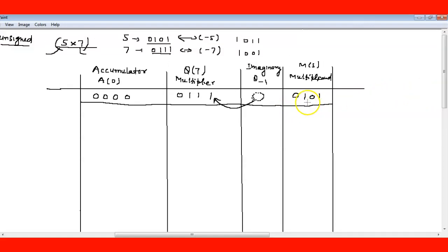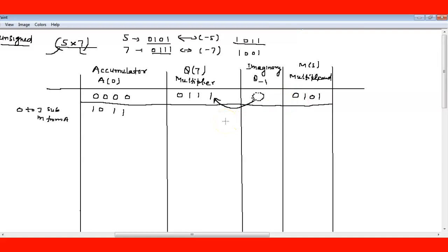So what is this value? This is 5. The second complement of 5 we have already found here: 1 0 1 1. You add it in, and write the comment also: this transition is 0 to 1, so subtract m from A. Subtracting m means you are adding the second complement. When you are adding, you directly take the 5; when you are subtracting, you add the second complement of 5.